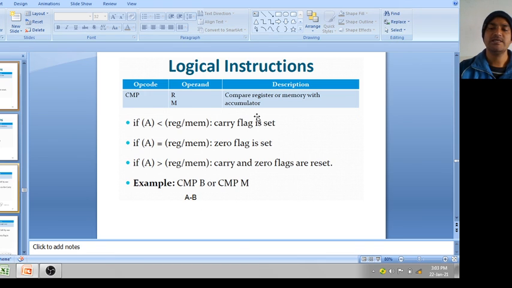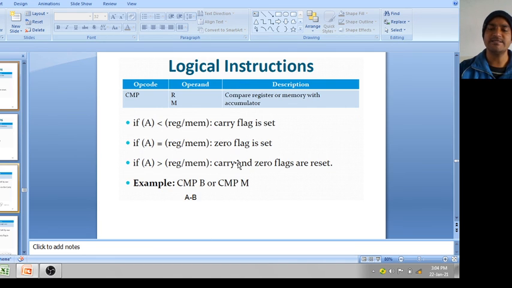For this we will implement a small program to determine the larger of two numbers or the smaller of two numbers. In the next video lecture I will show you how, because till now you are not aware of branching instructions.